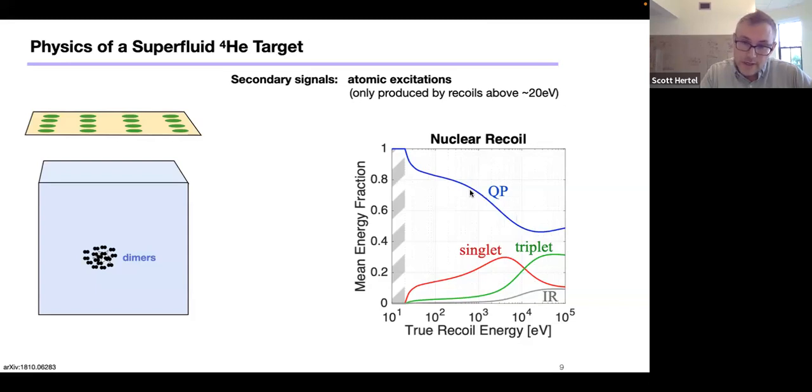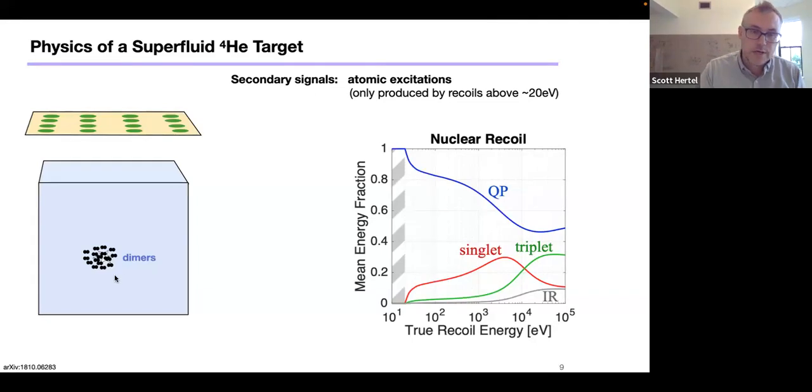Quasi-particles have a decreasing fraction of the recoil energy above that, and below 20 eV, it's 100% of the recoil. But still, we need to pay attention to them. Above 20 eV, they do contribute significantly. Like 20 or 30% of the energy goes into singlets. Above 10 keV, a lot of the energy goes into the triplets.